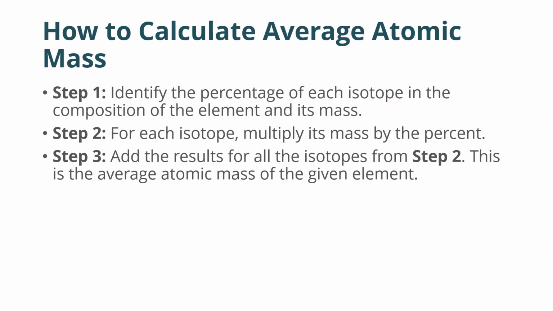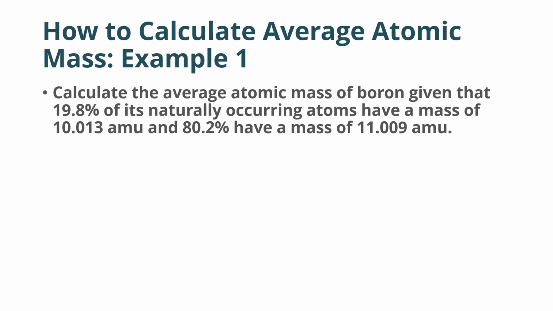How to calculate average atomic mass. Step 1: identify the percentage of each isotope in the composition of the element and its mass. For each isotope, multiply its mass by the percent, add the results, and then you'll get the average atomic mass of a given element. Example 1: calculate the average atomic mass of boron given that 19.8% of its naturally occurring atoms have a mass of 10.013 AMUs and 80.2% have a mass of 11.009 AMUs.